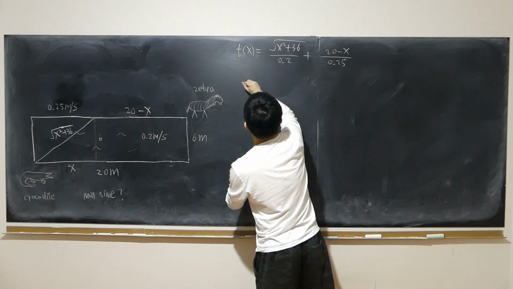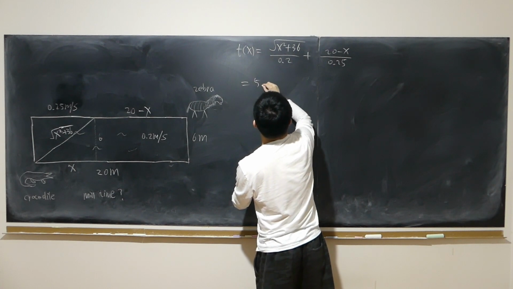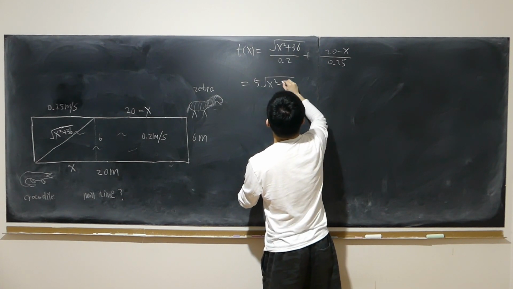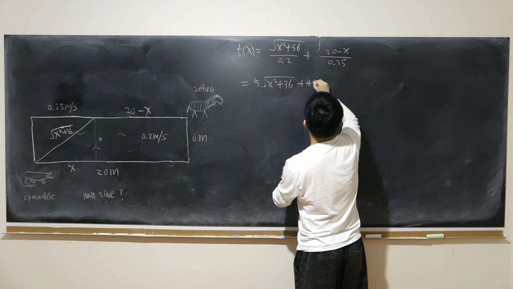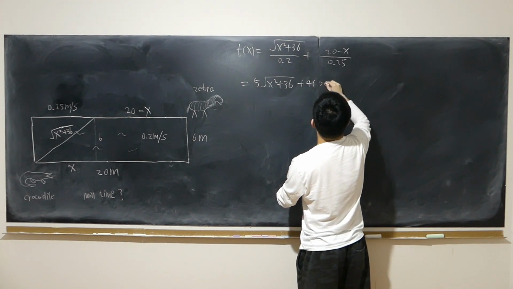That is just 5 times the square root of x squared plus 36 plus 4 times 20 minus x.